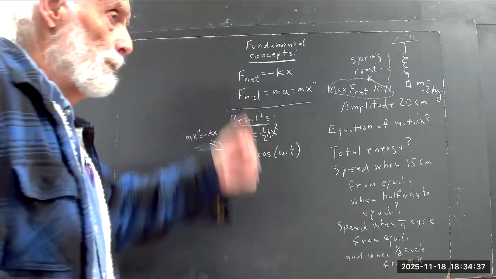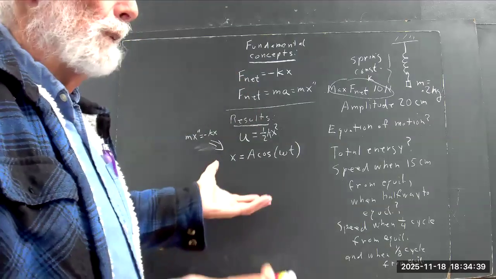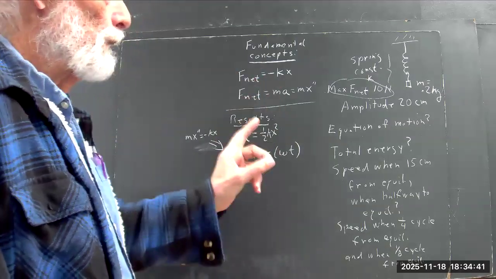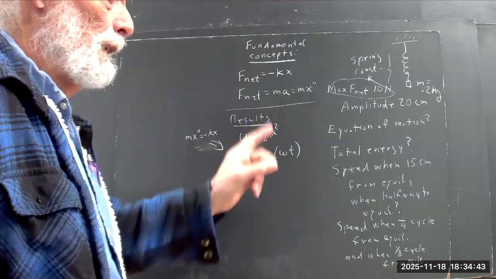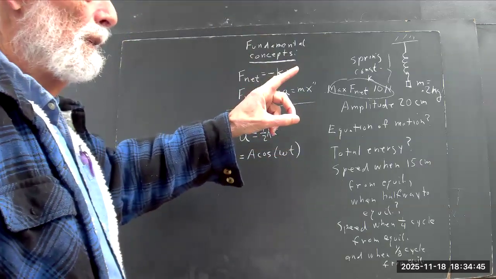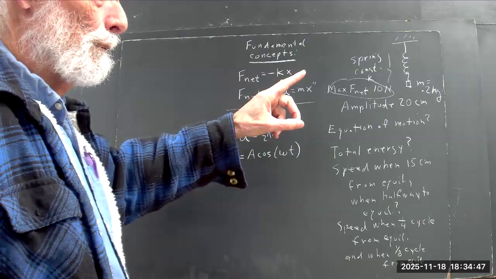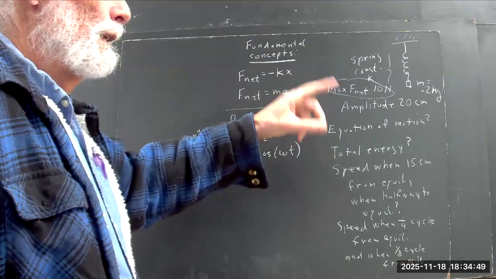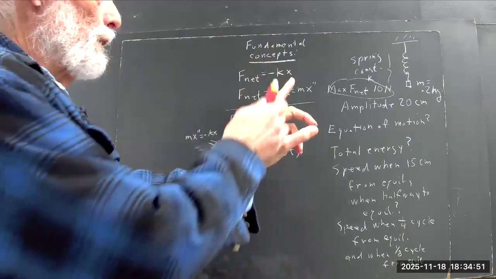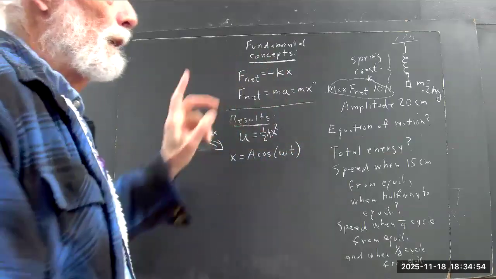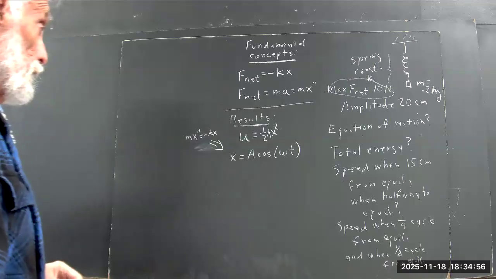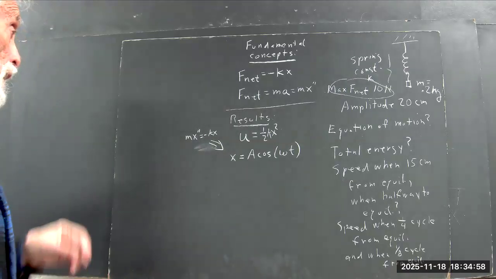Now, since it's going up and down, you might want to call the position y. That would be okay. And you can put the x-axis straight up if you like. Yeah, I mean, you can tilt it for an incline. You put the x-axis in any direction you want, as long as the y-axis then is 90 degrees counterclockwise from the x-axis, you have a right-hand coordinate system.